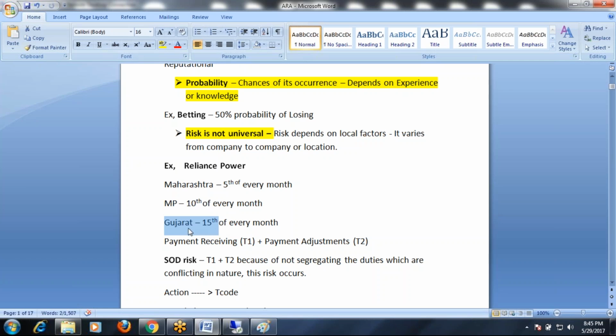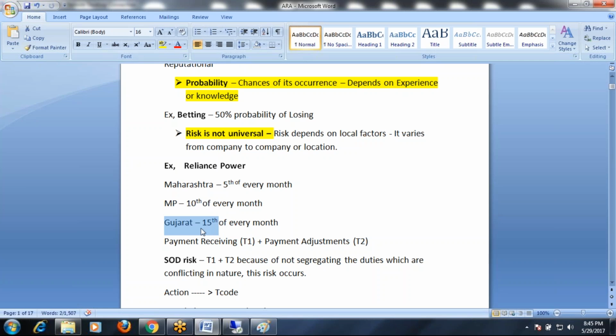In the same way, Gujarat pays the bill in the first week of every month itself. So suppose it has paid the bill on the 7th or 8th.